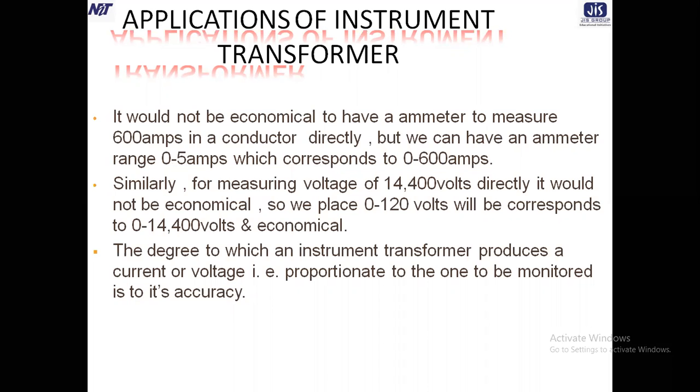So we use 0 to 120 volts, which corresponds to 0 to 14,400 volts, and is economical. At the end, the degree to which an instrument transformer produces a current or voltage that is proportionate to the one to be monitored is its accuracy. So these are the applications of instrument transformers.